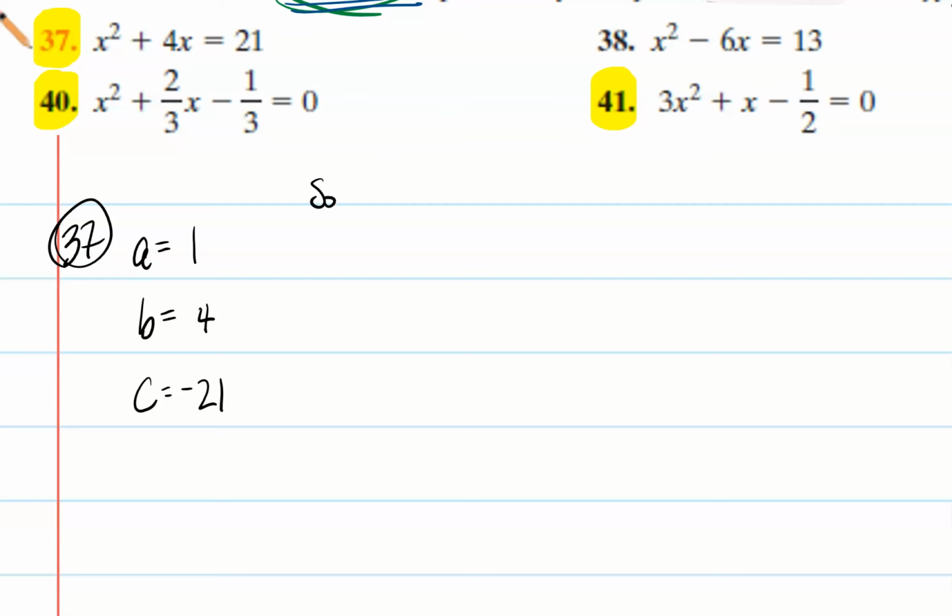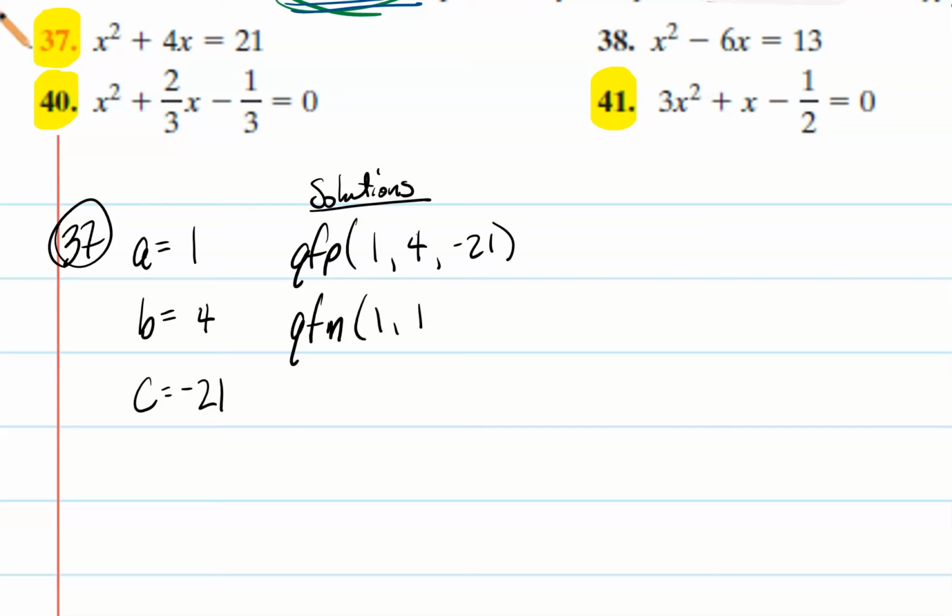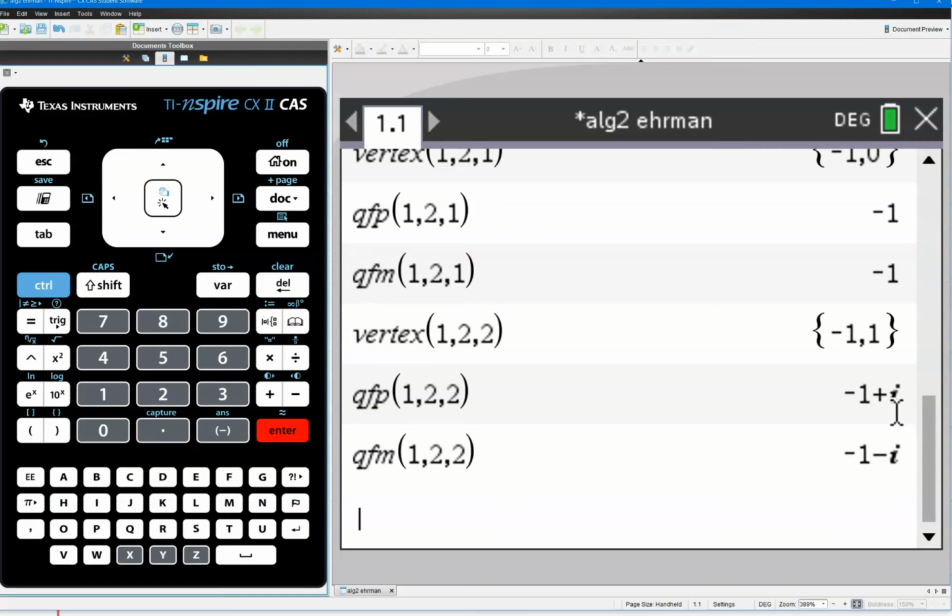If my job is to find the solutions, or if I'm being asked to solve, then I'm going to use my quadratic formula with a plus sign, and I'm going to use my quadratic formula with a minus sign, and I'm going to evaluate it at the appropriate A, B, and C values. So 1, 4, and -21. So if I reach for the calculator and complete those computations, QFP and QFM are what we need.